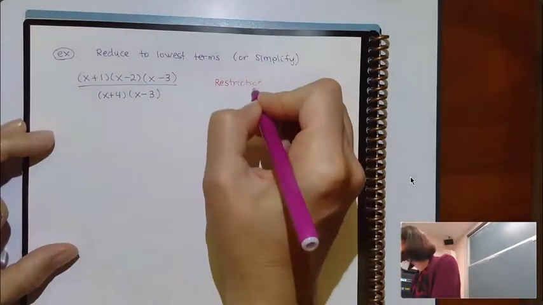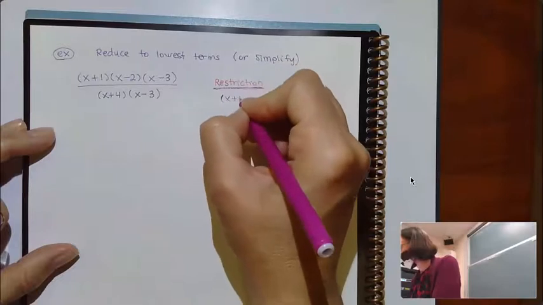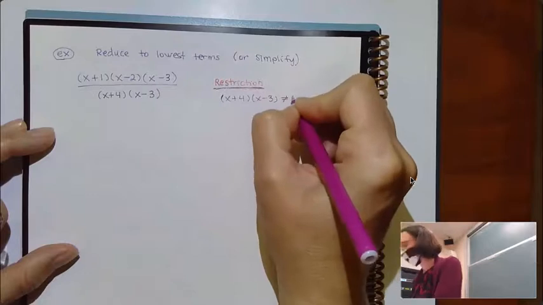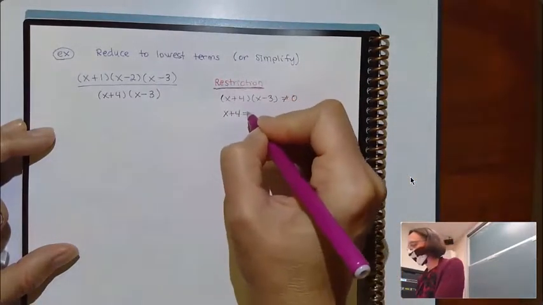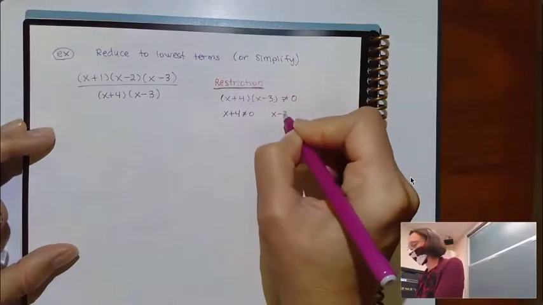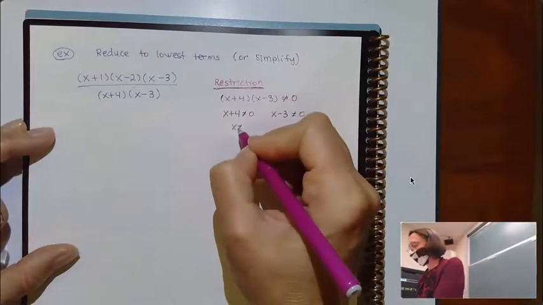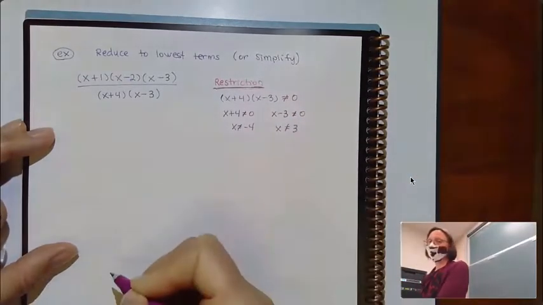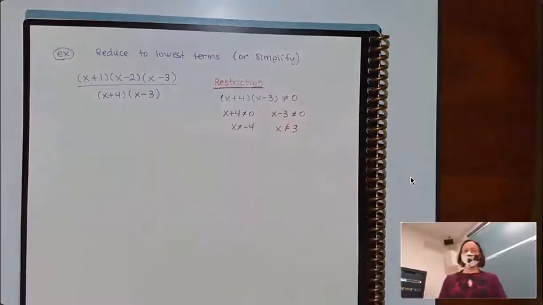So thinking about that restriction, I'm saying that x plus 4 times x minus 3 cannot be equal to 0, which means x plus 4 can't be equal to 0 and x minus 3 can't be equal to 0. So x cannot be negative 4 and x cannot be positive 3. That's just like my list of restrictions.